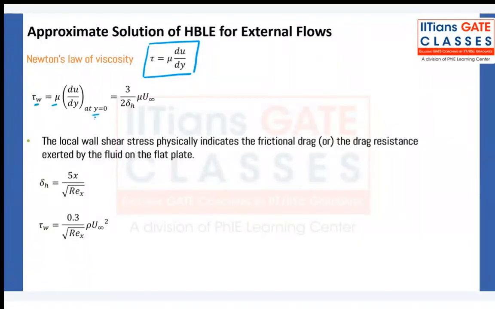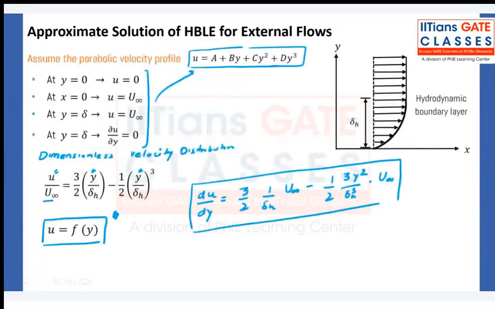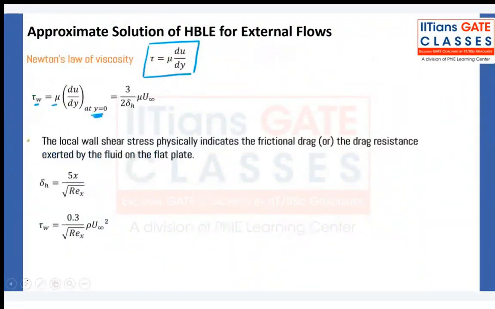So let me substitute y equals 0 in this equation. If I put y equals 0, du by dy at y equals 0 will be equal to 3 by 2 u infinity by delta H, because this whole other term will become 0 because y is there. Okay? So this is what I have gotten here.